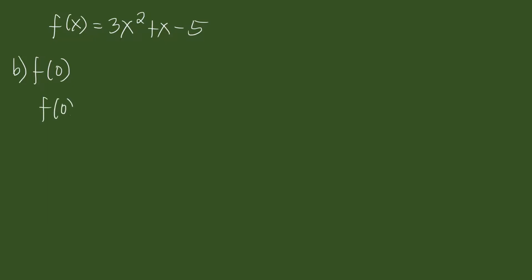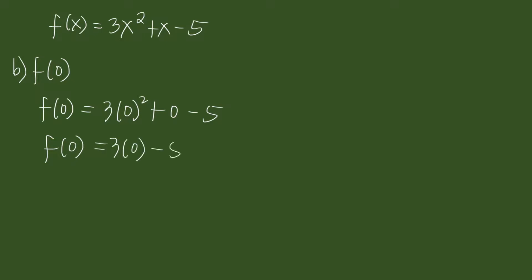F of 0 is equal to 3 times 0 squared plus 0 minus 5. So we input 0 as our value of x. That will be equal to, of course, 3 times 0, plus 0, minus 5, which is simply minus 5.